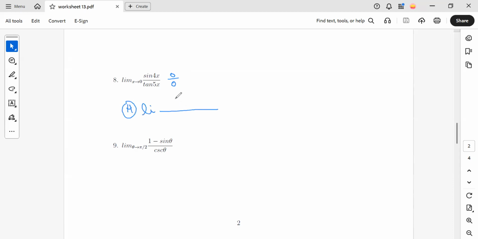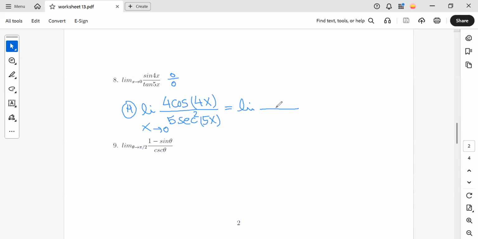The derivative of sine of 4x is 4 cosine of 4x using the chain rule, and the derivative of tan 5x is 5 secant squared of 5x using the chain rule, when x is approaching 0. I'm sorry, this one is cosine. The derivative of sine is cosine.